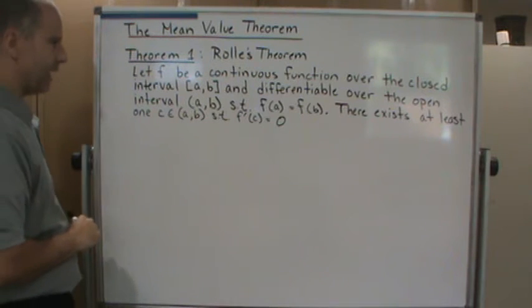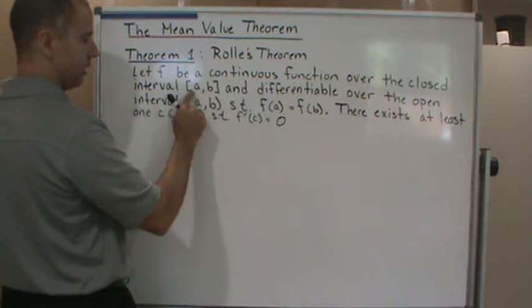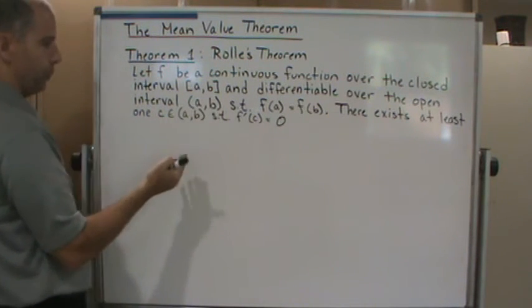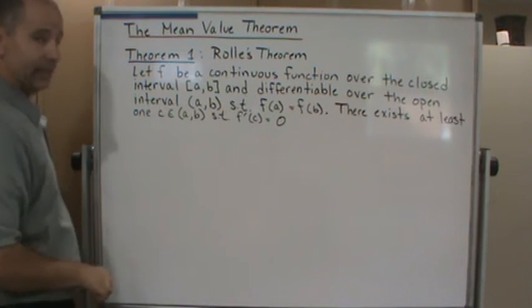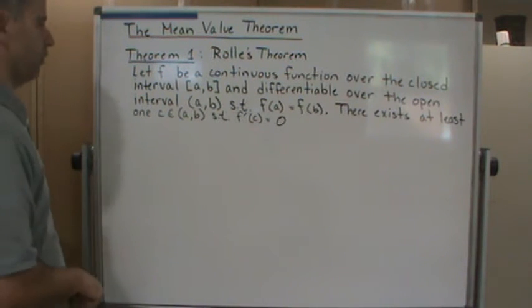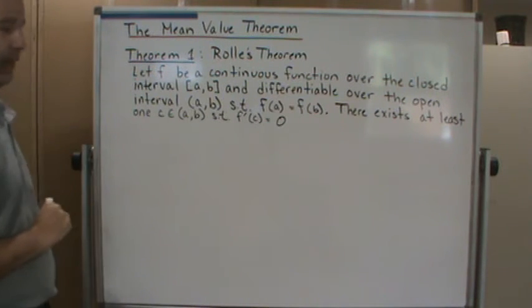As long as it's differentiable, we know it's continuous over the open interval, so that automatically gives us continuity, and continuous over the closed interval takes care of the endpoints a, b.